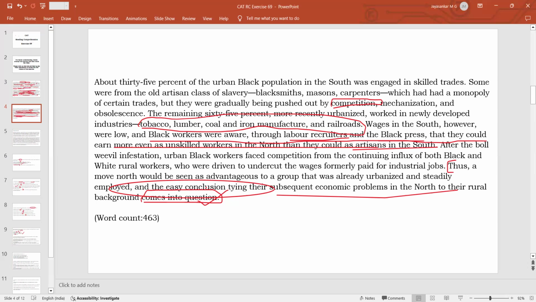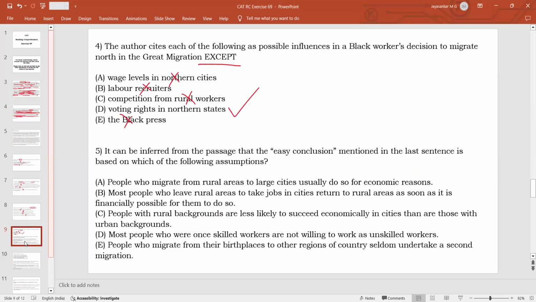So what is unstated, or implied, is that any black worker who is from the rural areas will find it difficult to succeed in the northern city. This is the assumption. That is why it says that their economic problems are due to their rural background. So very clearly, what would be the assumption?